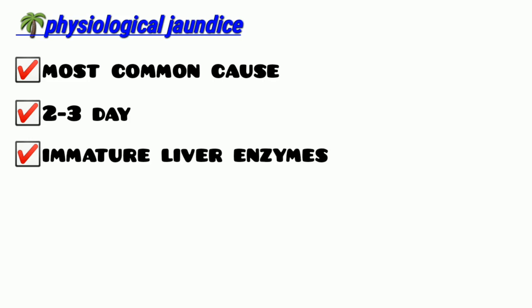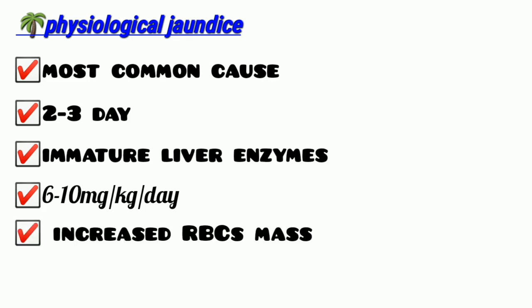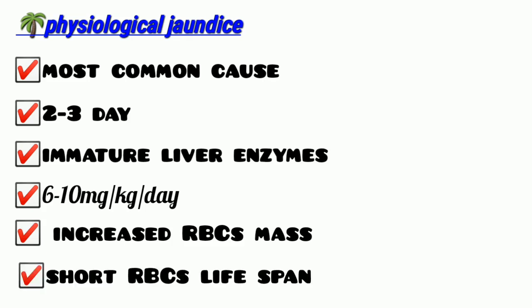Compared with adults, newborns have a twofold or threefold greater rate of bilirubin production, ranging from 6 to 10 mg per kg per day, versus 3 mg per kg per day in adults. This increased production is caused in part by an increased RBC mass and a shortened erythrocyte lifespan of 70 to 90 days compared with the 120-day erythrocyte lifespan in adults. It usually subsides within 1 week of onset. Anemia is absent and the general condition is intact with good activity and suckling power.